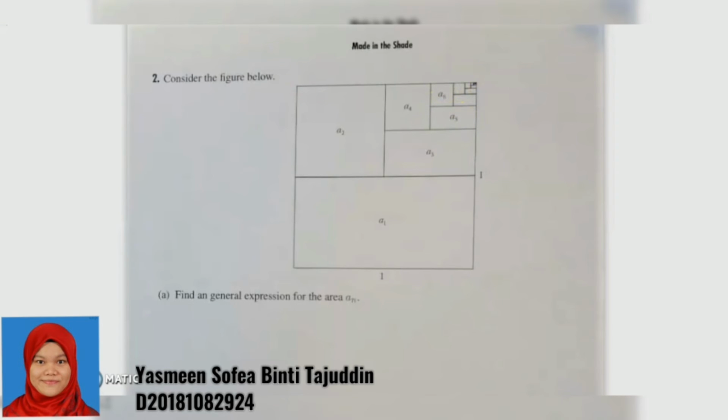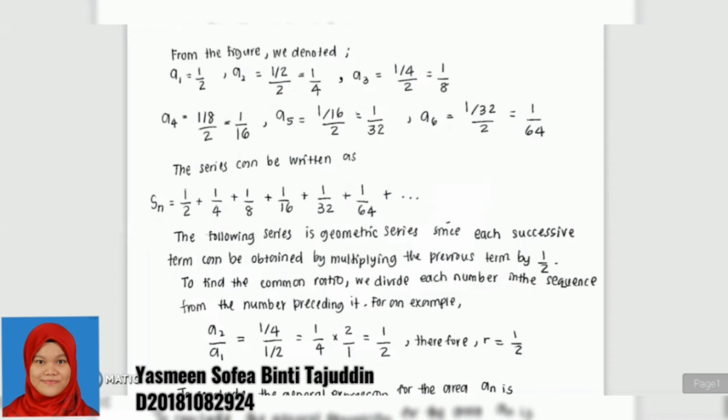Therefore, we write them as A1 is 1/2, A2 is 1/4, A3 is 1/8, A4 is 1/16, A5 is 1/32, and A6 is 1/64. So here, the series can be written as An equals 1/2 plus 1/4 plus 1/8 plus 1/16 plus 1/32 plus 1/64 and so on.